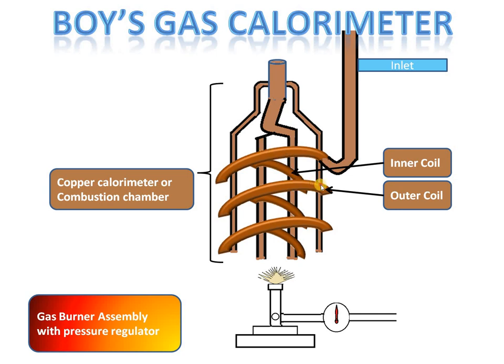This inner coiling is also provided with the outlet, and through this outlet the water will be given out. During this flow, the water will absorb the heat produced by the gas burner assembly due to combustion of a gaseous or volatile liquid fuel. So this is the construction of the copper calorimeter or combustion chamber.